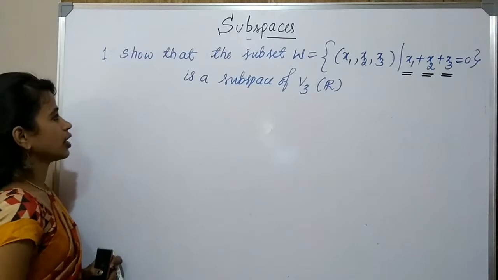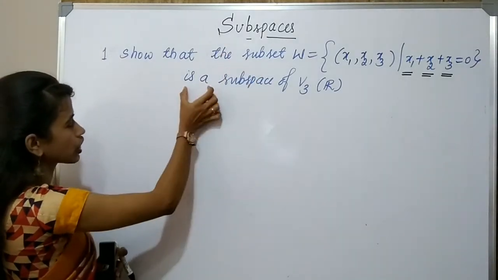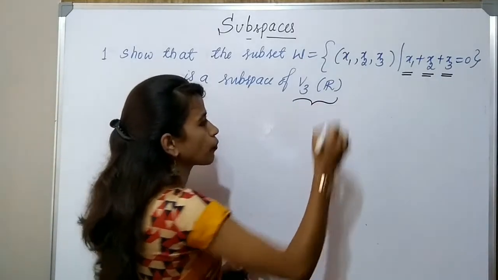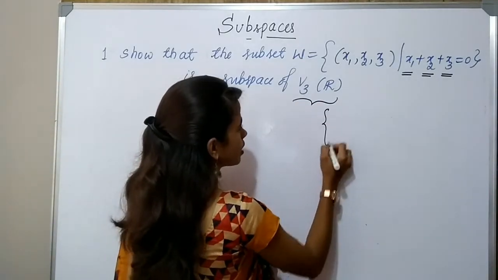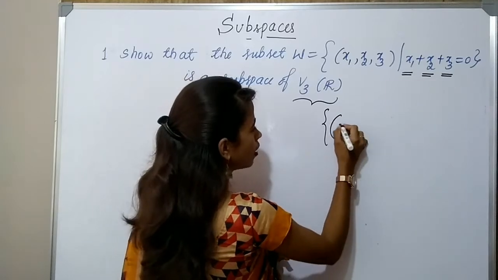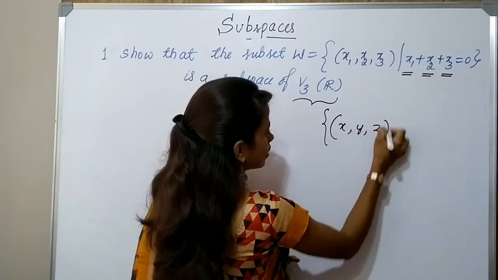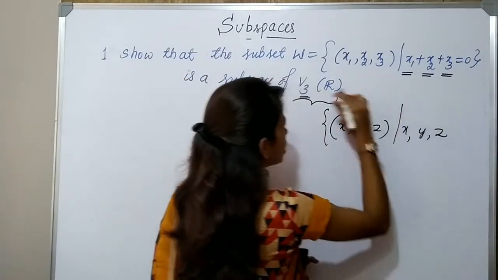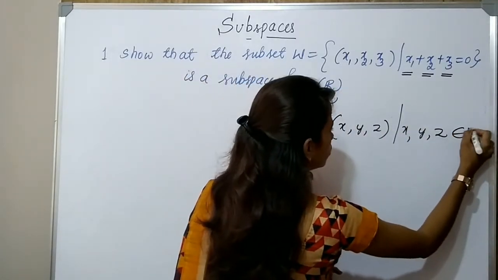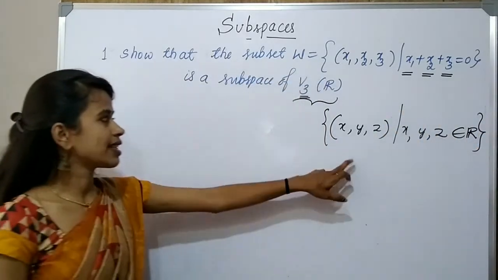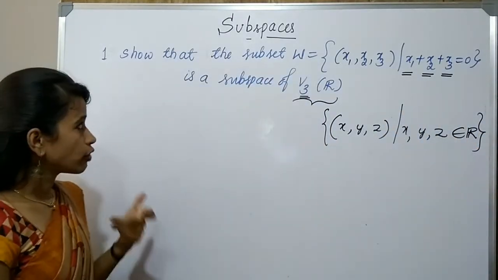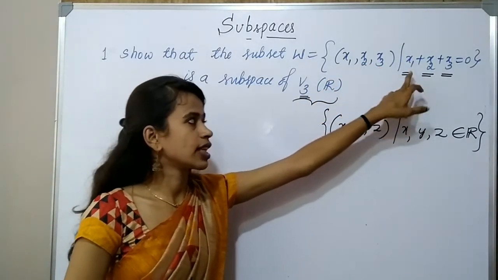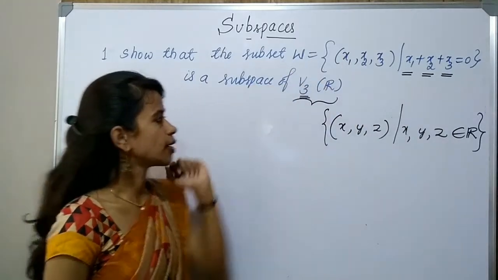We have to show that this collection is a subspace of V3 of R. V3 of R is nothing but the set of all triplets (x, y, z) where x, y, z belong to the real numbers. That is the set V3. So we have to show the given subset of (x1, x2, x3) such that x1 plus x2 plus x3 is equal to 0 is a subspace.